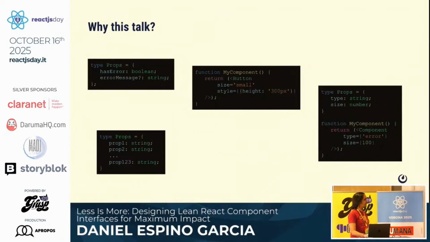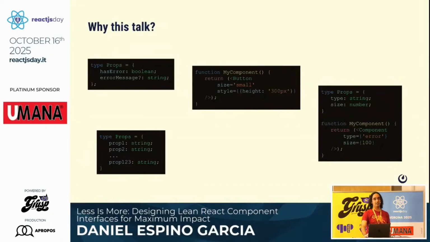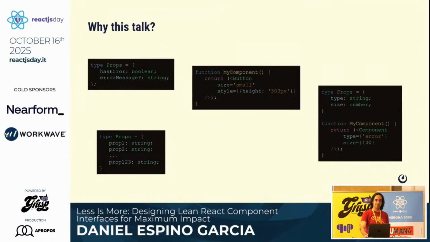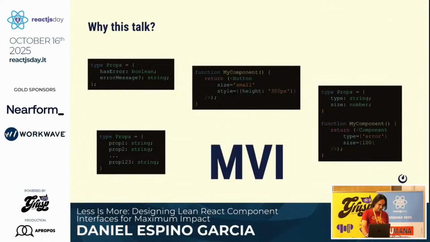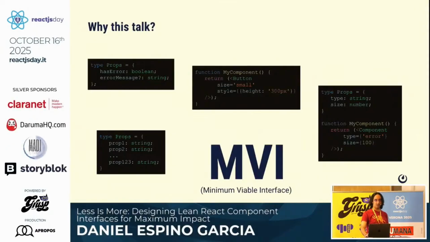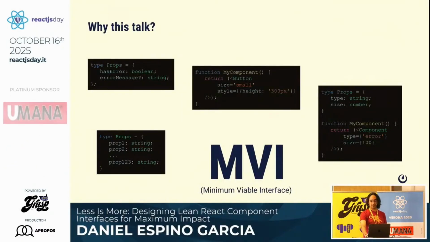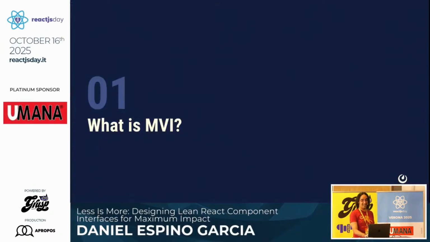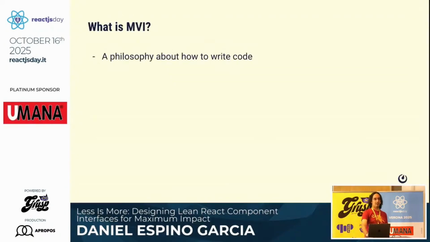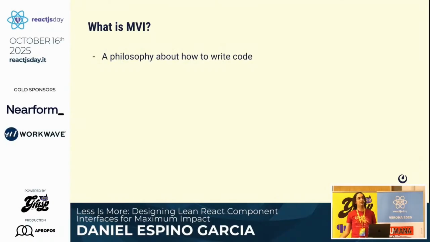All these things could be, I'm not going to say solved, but at least addressed with something I call MVI, which stands for the minimum viable interface. So what is MVI? It's a philosophy about how to write code.